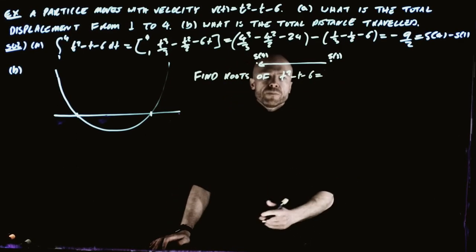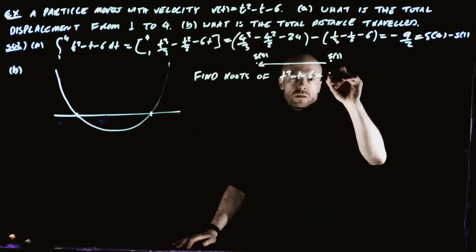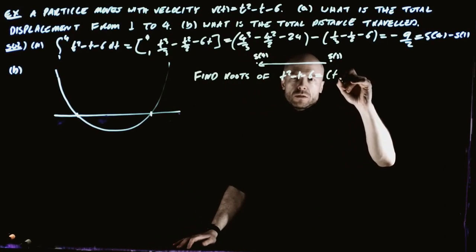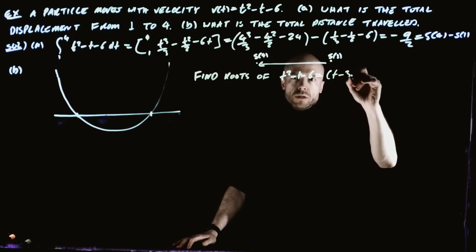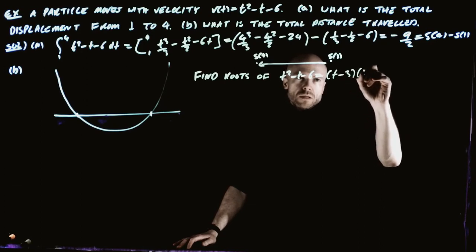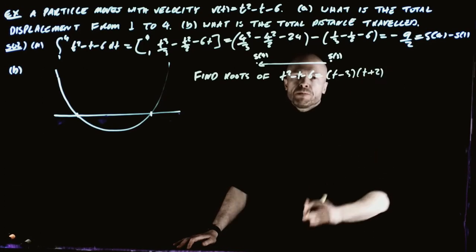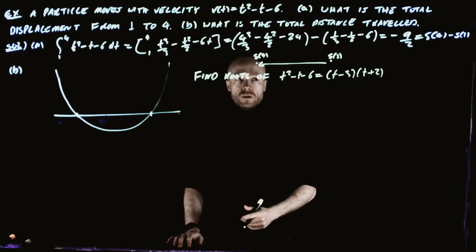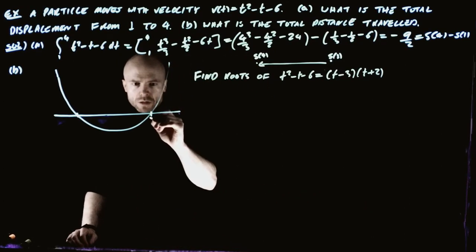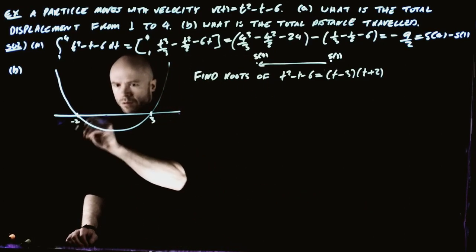We're going to factor it, and the factors will be t minus 3, I guess, and then t plus 2. Yeah? So therefore, the roots are here at 3 and here at minus 2.